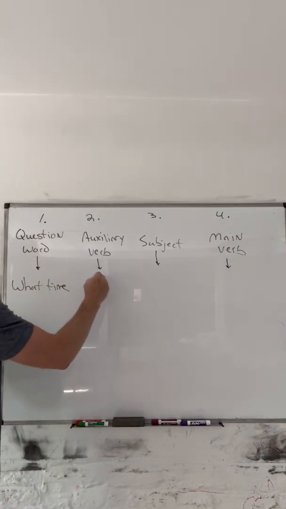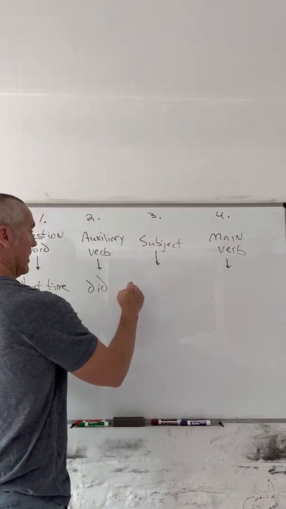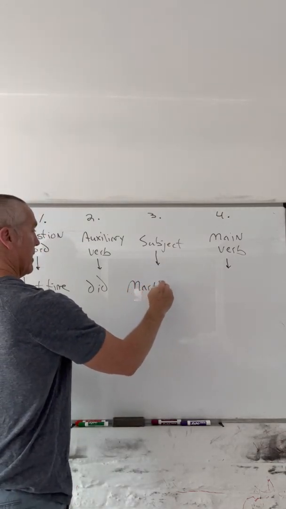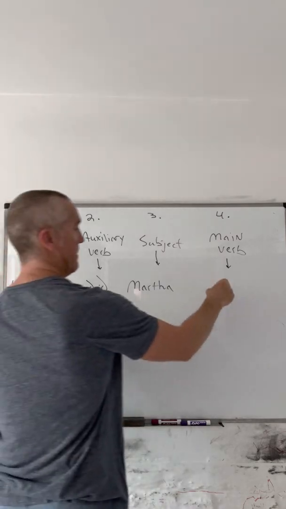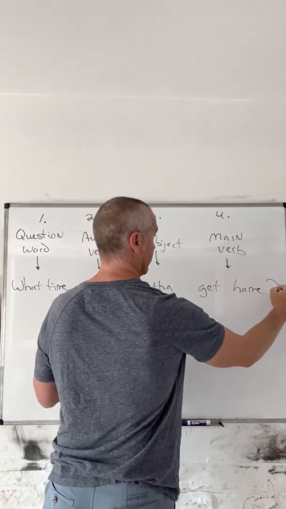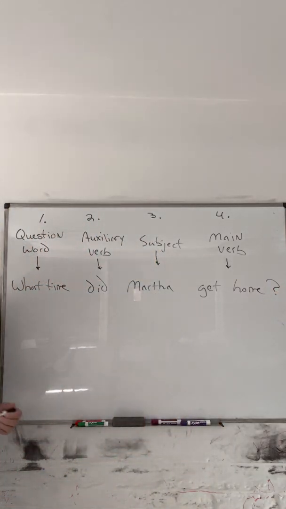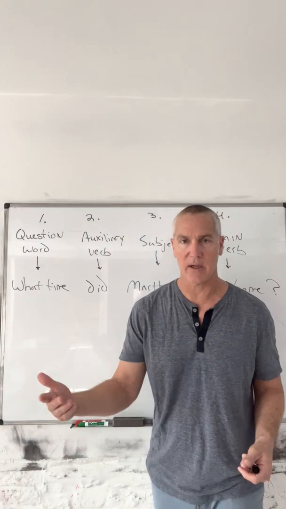Auxiliary verb: did, simple past tense. Subject: Martha. And then the main verb would be get, and then a question mark. So, what time did Martha get home? That's our standard, regular word order.